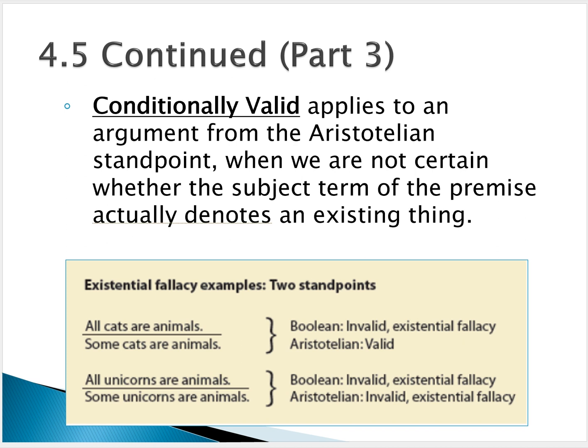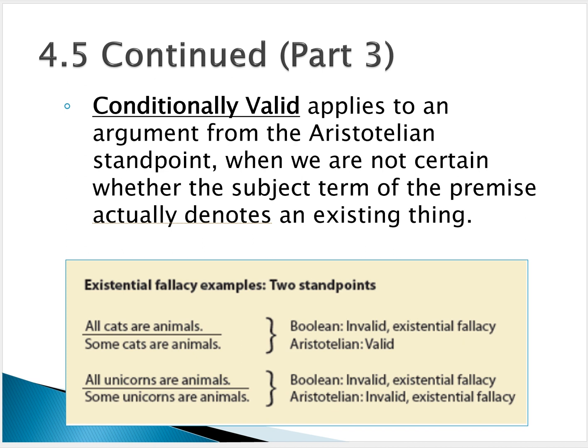Conditionally valid. This applies to an argument, again, from Aristotle's standpoint, when we are not certain whether the subject term of the premise actually denotes an existing thing. Like all cats are animals, therefore some cats are animals. Now, for the Boolean, it would be invalid because it's committing an existential fallacy.